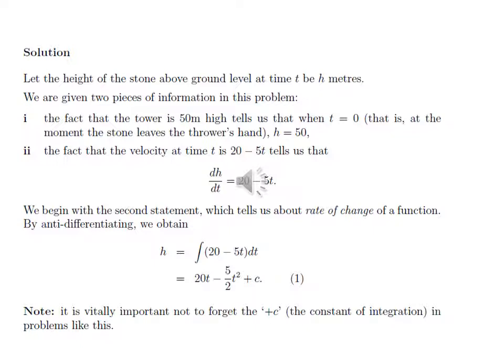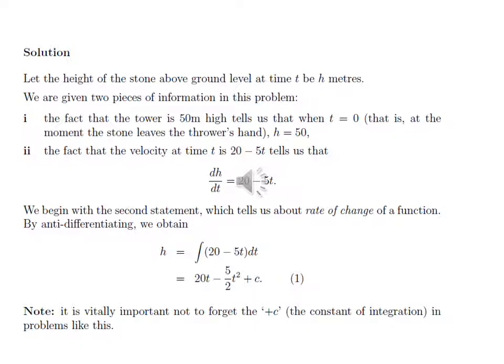Number two, the fact that the velocity at time t is 20 minus 5t tells us that dh over dt, related to height, equals 20 minus 5t.